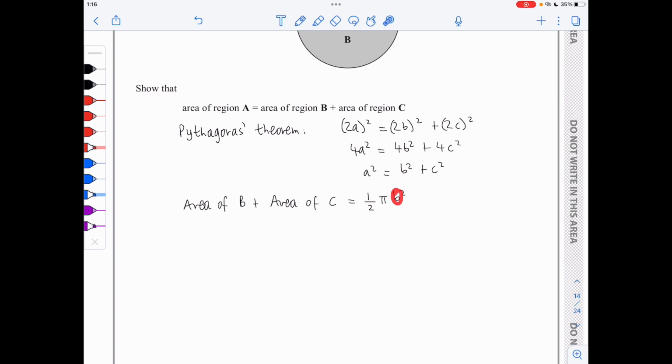It's a half because it's a semicircle, plus a half pi C squared. I will factor out the half pi, and I'm left with the half pi brackets B squared plus C squared. Now from Pythagoras, B squared plus C squared is A squared. So this is a half pi A squared, which we can easily recognize as the area of A, as required.